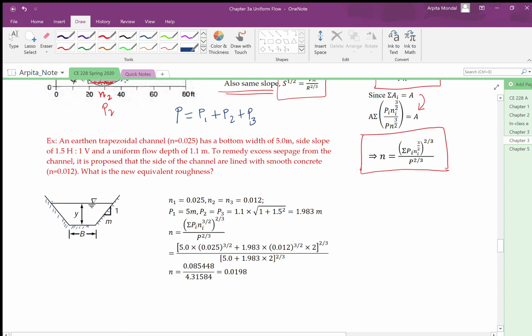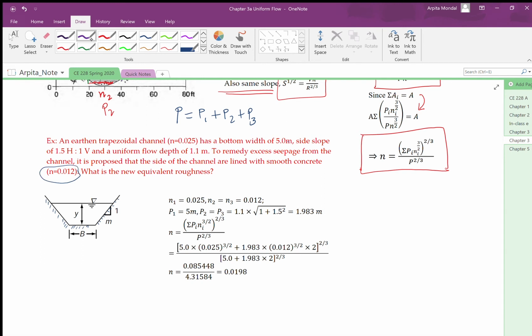So if we have this trapezoidal channel made of earthen material, there would be seepage along the sides as well as along the bed. And to remedy such excess seepage, it is proposed that the channel be lined with smooth concrete that has a different roughness coefficient.